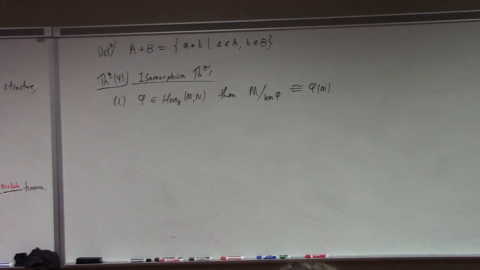I usually make that part of the discussion in 421. The first isomorphism theorem, I'm a little bit sloppy about what I mean by that. Sometimes I'm just talking about what I wrote here. Sometimes I'm also talking about the fact that the kernel of phi is a normal subgroup. Although, in my defense, you can't write that unless the kernel of phi is a normal subgroup in group theory.